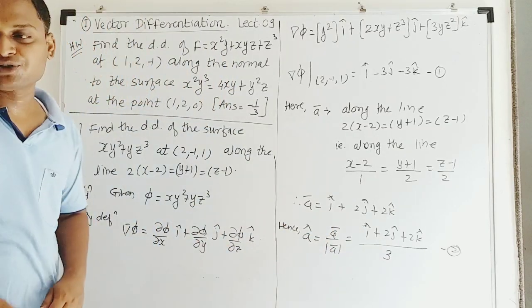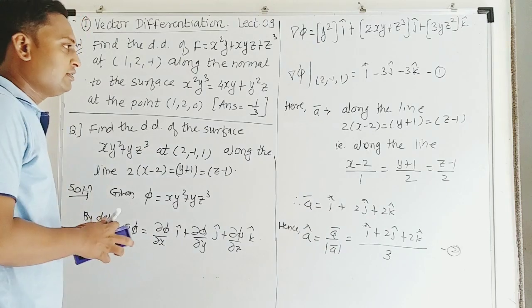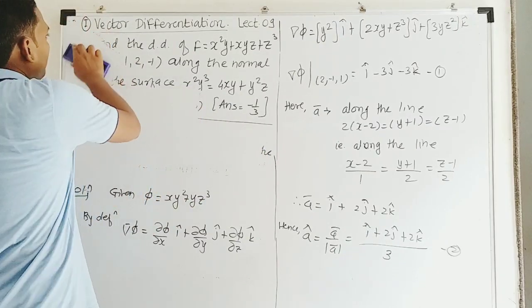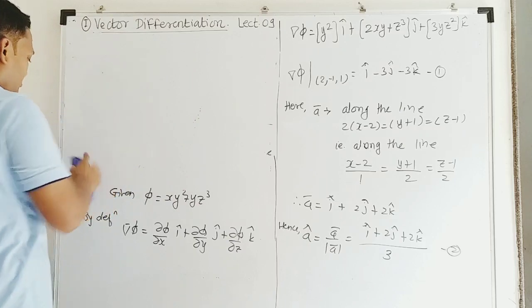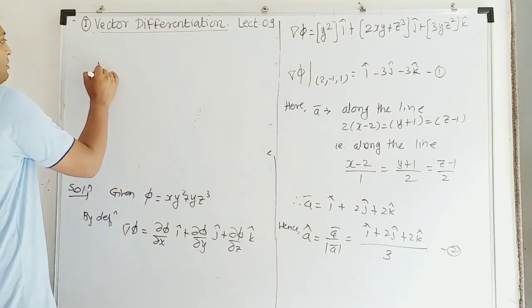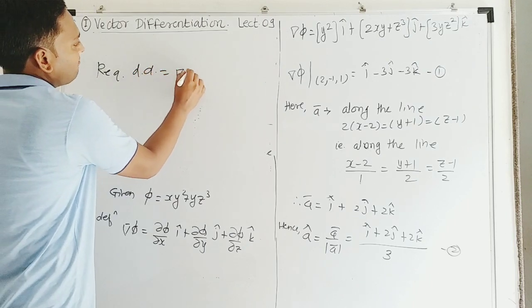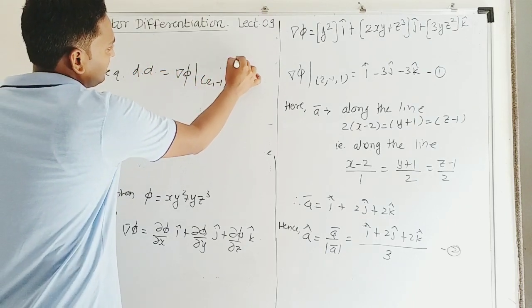Now the final calculation of the directional derivative. Take the dot product of equation 1 and 2 to get the required answer. The final required directional derivative is del phi at (2, -1, 1) dot product with a cap.